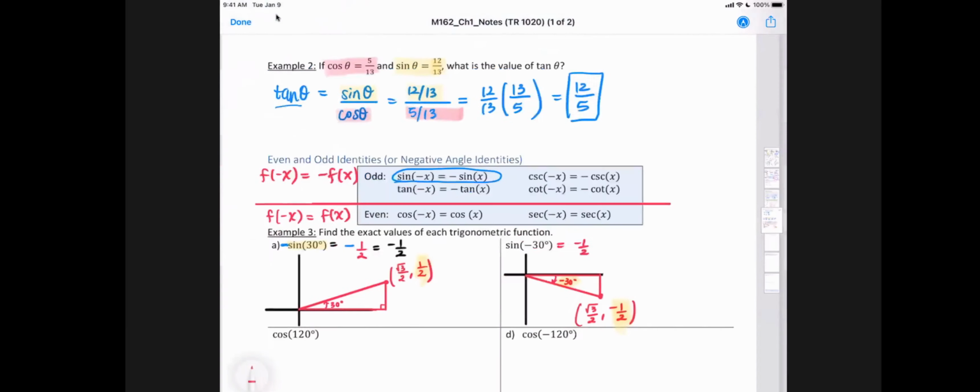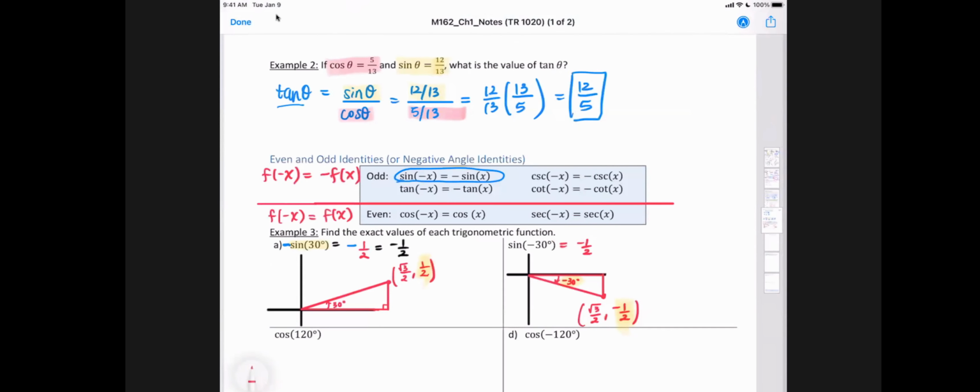So you can see how these are exactly the same. For example, if I wanted to find sine of negative 30 degrees, if I want to use this identity here, I can just find sine of the positive 30 degrees and then put a negative in front of it. And it would be the same answer.